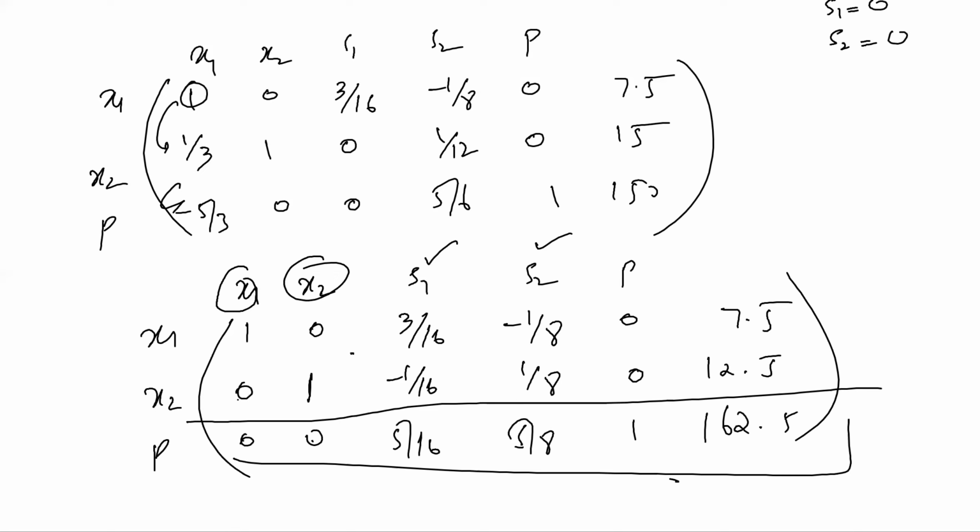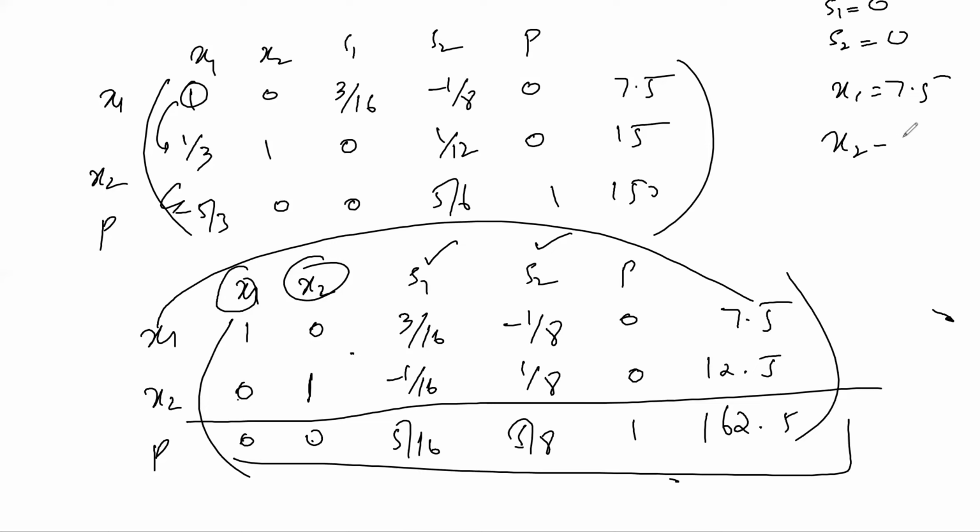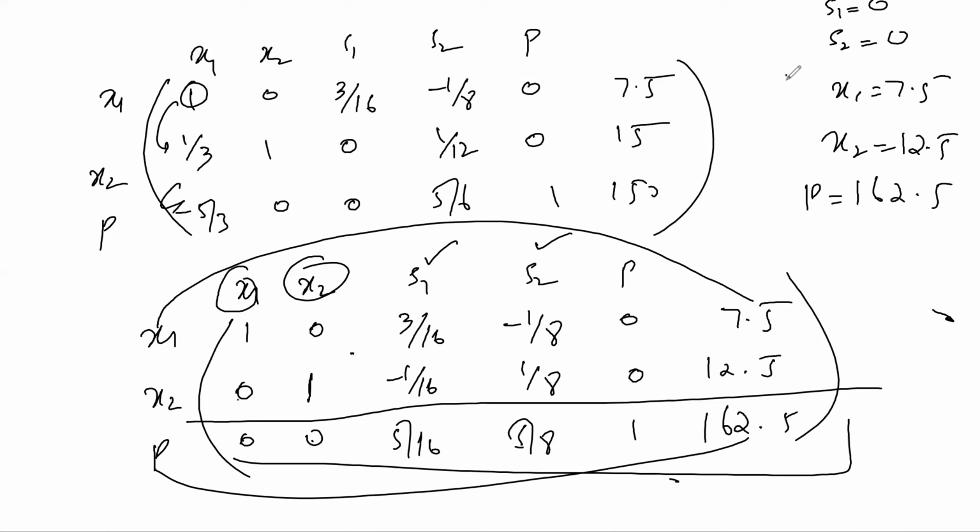And P is also our basic variable. If S1 and S2 are 0, then X1 is 7.5, X2 is 12.5, and profit is 162.5. So this is the maximum profit, and this is called the simplex method.